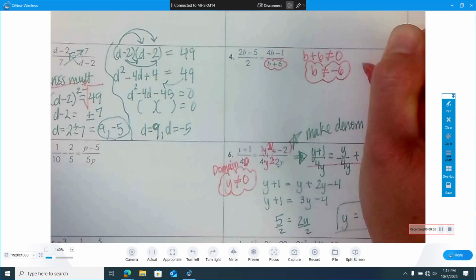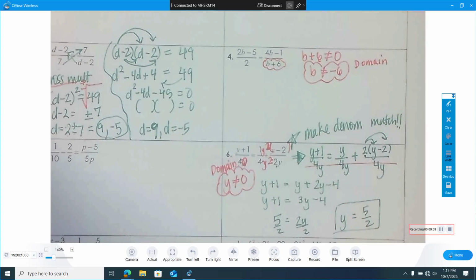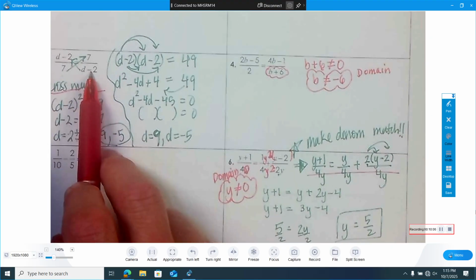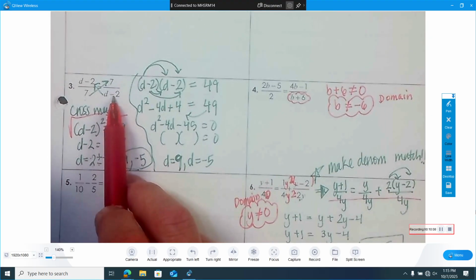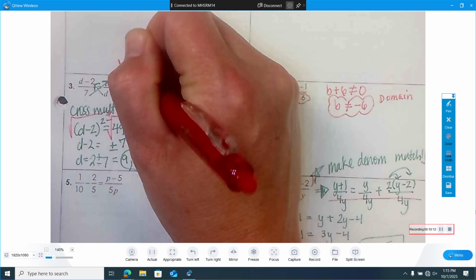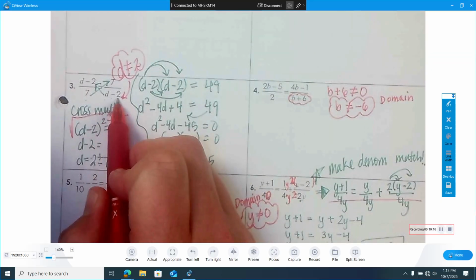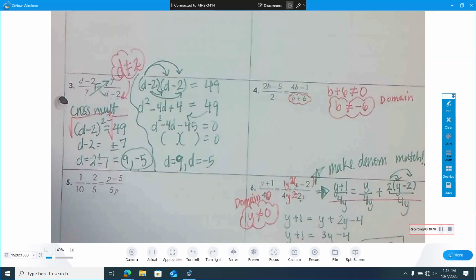And this is a domain issue because it causes something totally weird. Okay? So these are things we want to look out for. What about number 3 that we did? What is D not allowed to be? 2. Yeah, D cannot equal 2, again, because that would give me 2 minus 2, or a 0 in the denominator. So we want to be really, really careful.